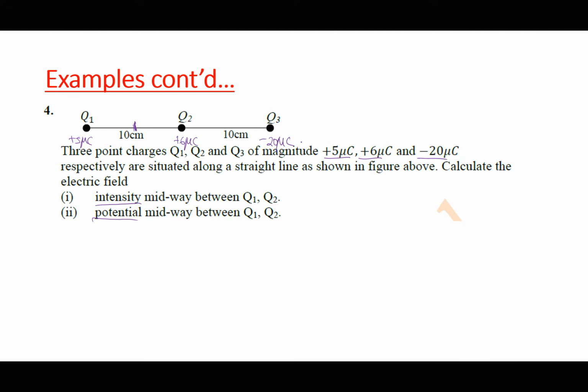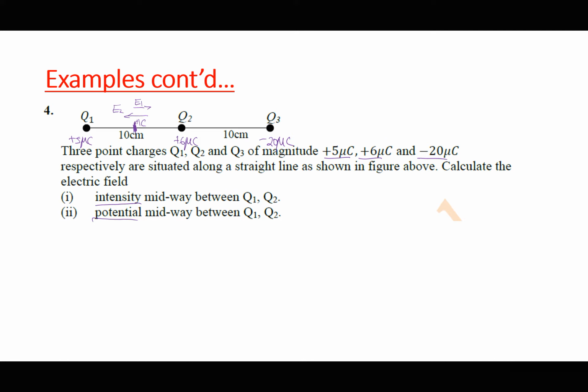So I want you to realize that to define electric field strength, we imagine a positive charge here, +1 coulomb. Q1 repels it to the right, so this will be E1 due to Q1. Q2 repels it to the left, so this would be E2, to the left.